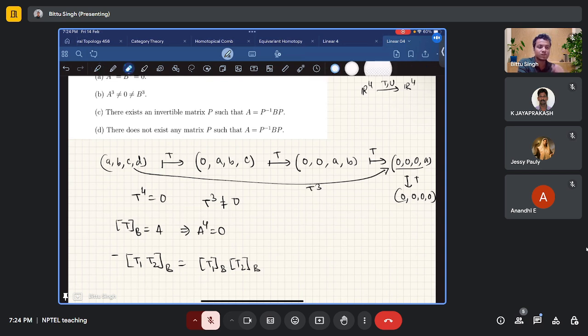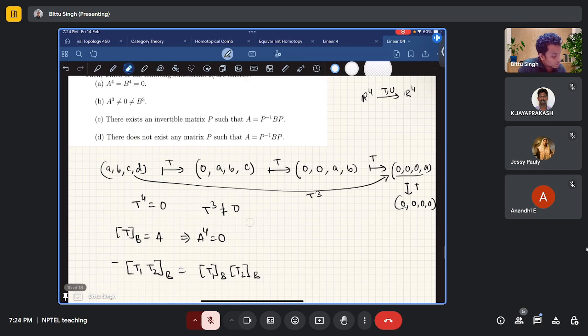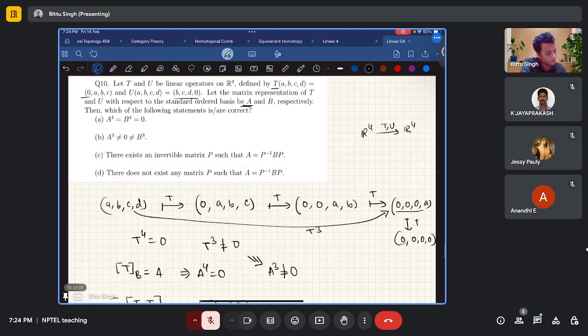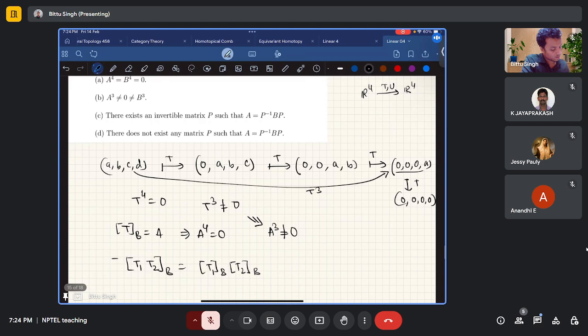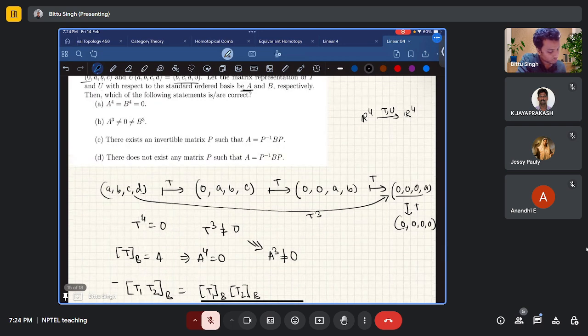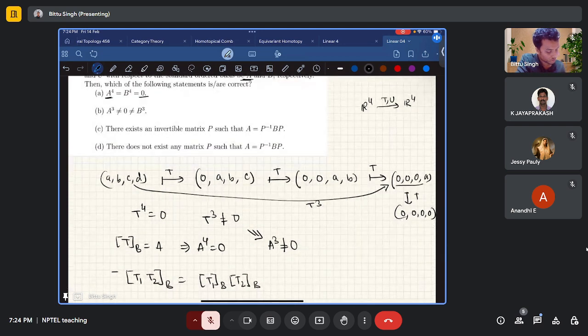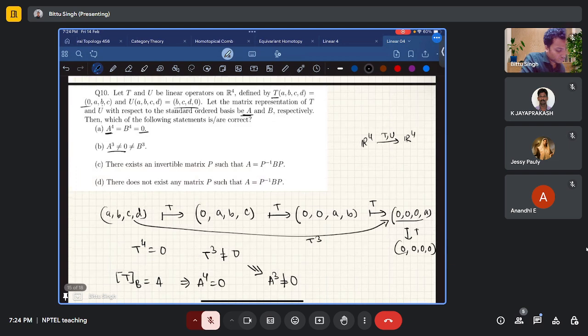It is only possible when it is 0 itself. So A to the power 4 is 0 and A cube is non-zero. So it is clear that A to the power 4 equals 0 is correct and A cube is non-zero is also correct. Let us see what is happening when we apply U.